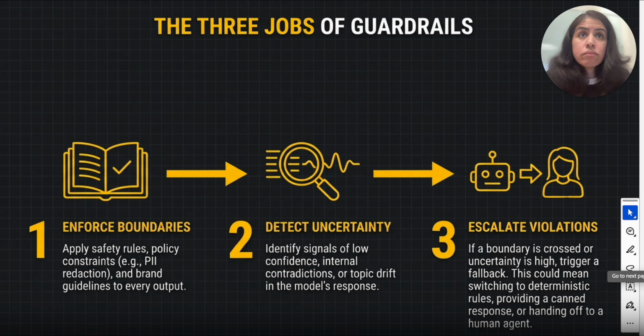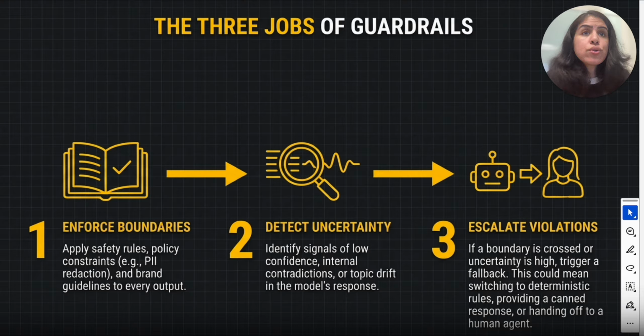First is to enforce boundaries: safety rules, policy constraints, brand guidelines, compliance requirements. Second is to detect uncertainty. If the model is low confidence, contradictory, or unsure, don't force it to guess.